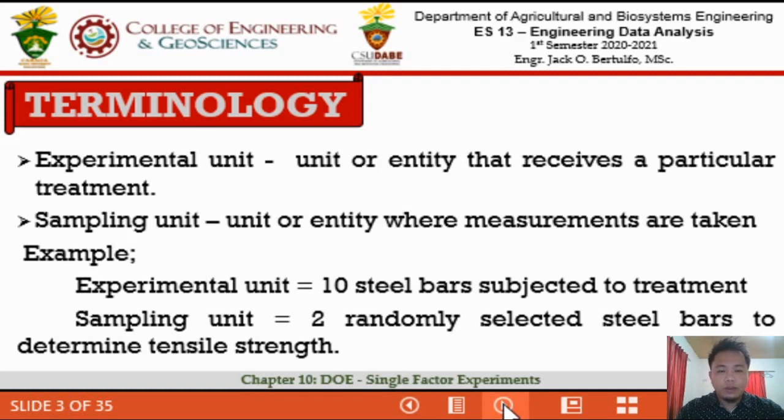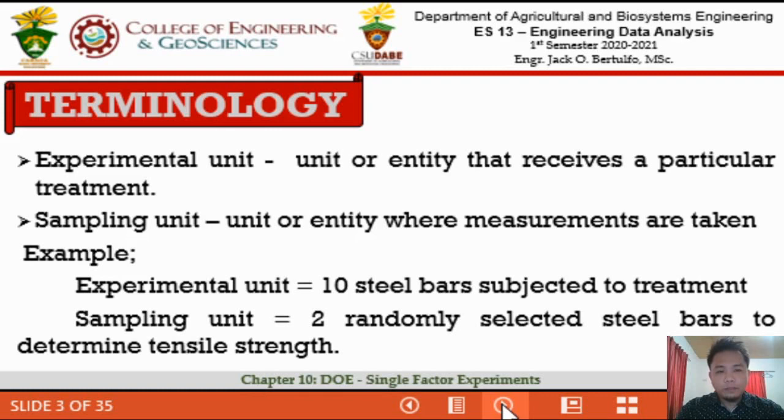The next one is the experimental unit, the entity that receives a particular treatment. If we go to multi-factor, the treatment is the combination. So the experimental unit is the entity that received this particular treatment. Then the sampling unit is the entity where measurements are taken.